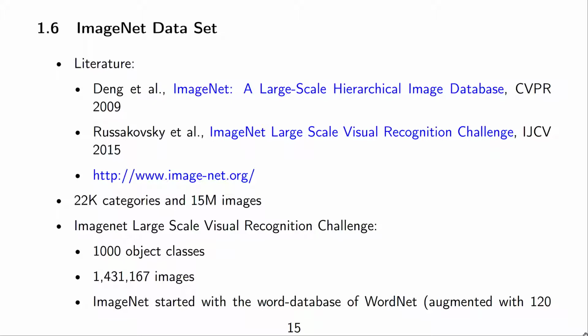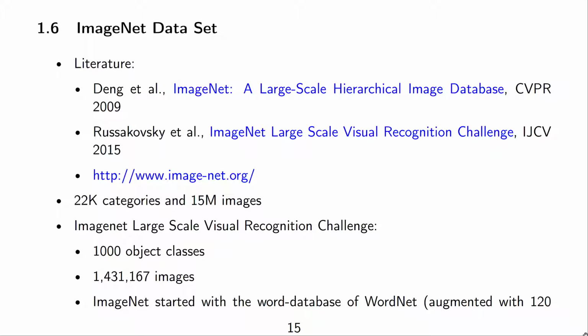In 2009, maybe a paper to start out. And then in 2015, a paper that's more like looking back at what has been achieved and some lessons learned. There's also a website about ImageNet that you can look at that contains a lot more information than what I'm going to discuss here.